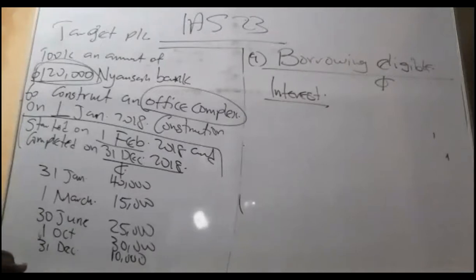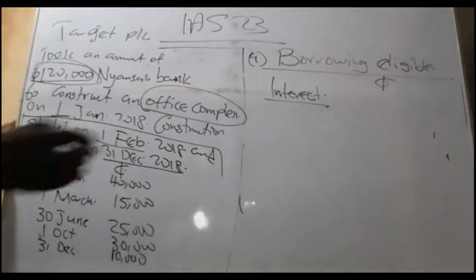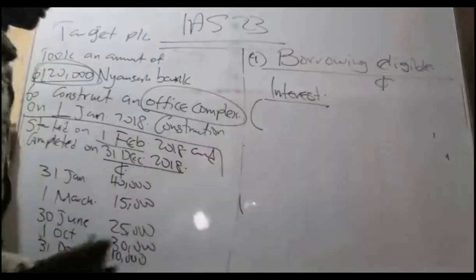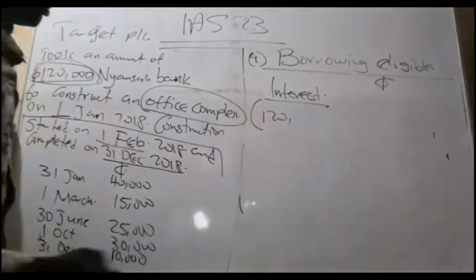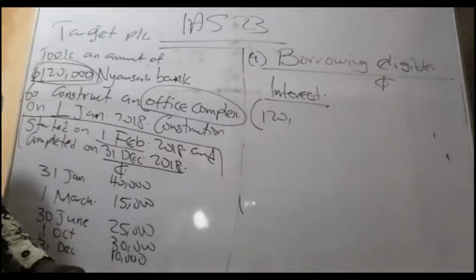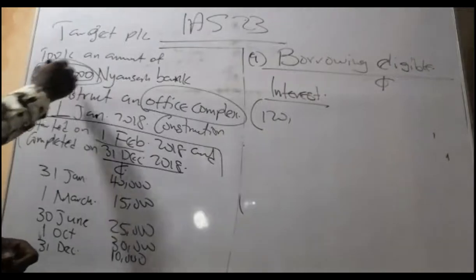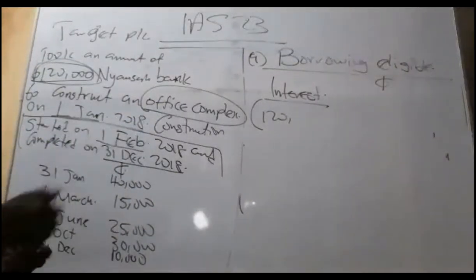Okay, that's fine. So that means the interest, we pick 120,000 times the finance cost or the interest rate, which is 12%. So it will be 120,000. In fact, we picked the loan on 1st January 2018.